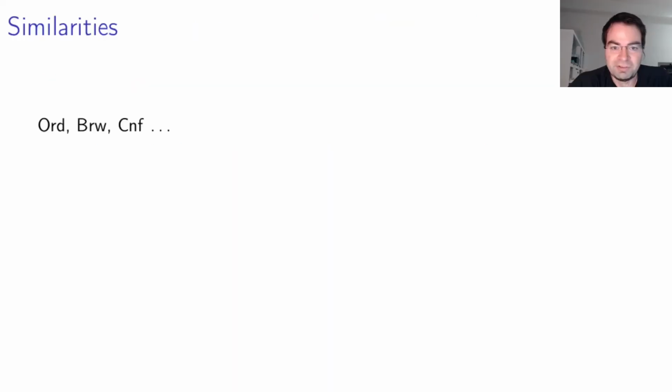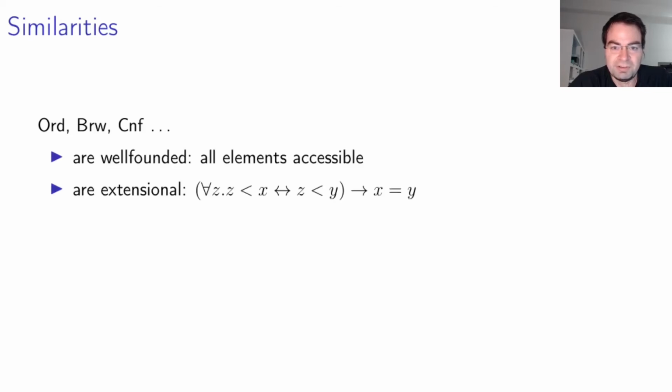We now have 3 different types that implement ordinals. It turns out that they share a couple of properties. Firstly, they are all well-founded in the usual constructive sense, and they are extensional. One of the technical challenges that we faced was to define the type of Brouwer trees such that it is well-founded and extensional at the same time. Next, for each of these 3 types, we can define the usual arithmetic operations.